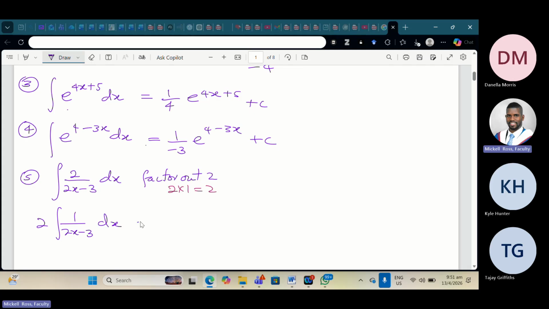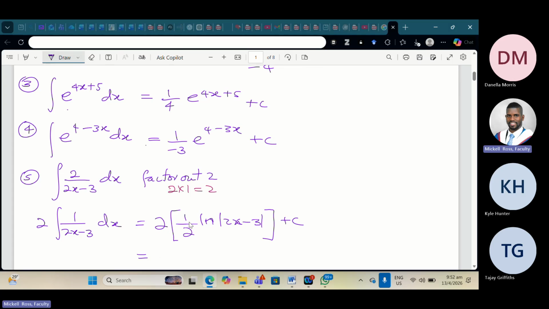Now it is in the form where we can write it as 2 times, when we integrate it in this form, 1 over ax plus b, we're going to get 1 over the derivative of the denominator, which is going to be 2, ln of the denominator plus c.